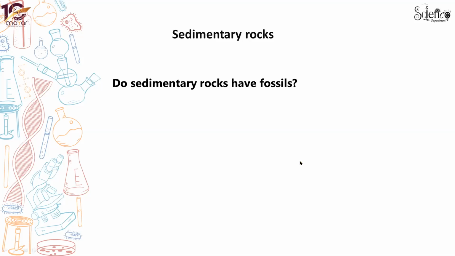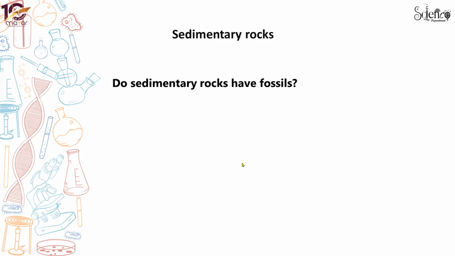So if there is a bone, for example, or a leaf, or any tissue with the sediments, and there is no heat to dissolve or melt it, do you think it will stay and form a fossil? I'm not talking about high heat, not about magma, just remains. So what do you think, Jana? Oh, yeah, it will. Yeah, bravo. So yes, sedimentary rocks do have fossils.